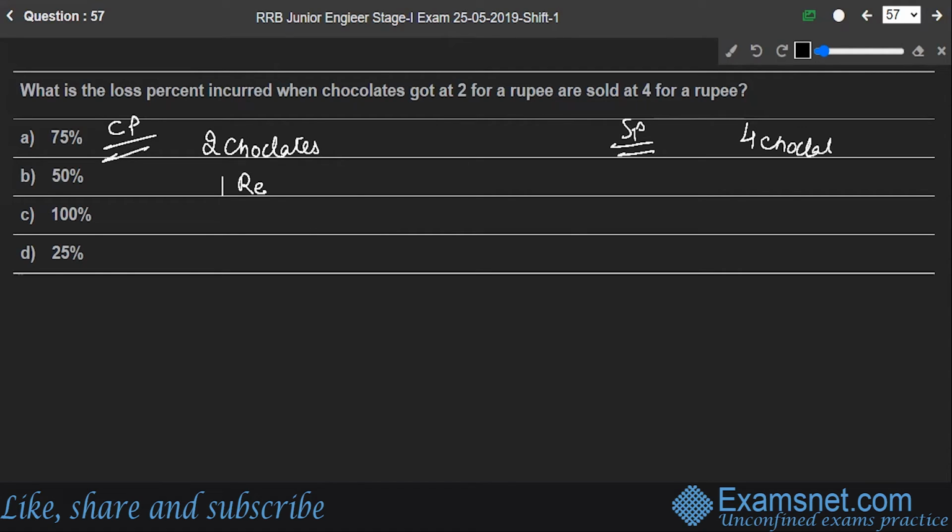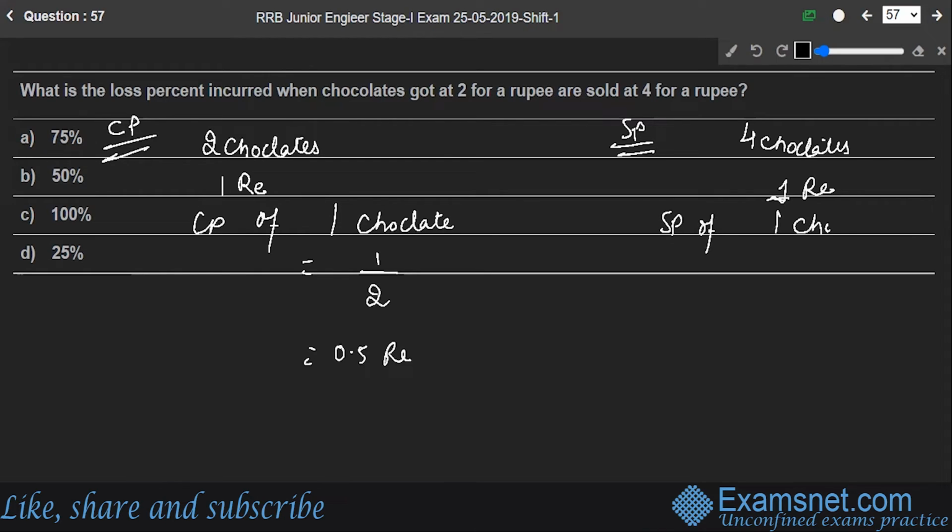Of course, you are having a loss. So the CP of 1 chocolate will be equal to 1 upon 2, that means 0.5 rupee. And the selling price of 1 chocolate will be equal to 1 upon 4, which is 0.25 rupee.